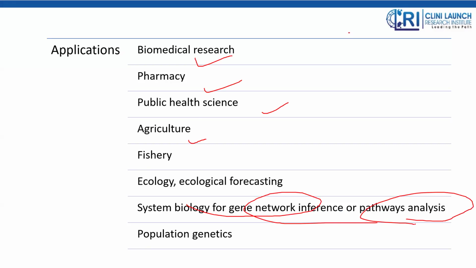What is pathways analysis? Like metabolic reactions, metabolomics, proteomics, gene network inference. What are the genetic parameters affected by a particular drug or disease? What are the changes in the different genetic markers? Which are the common genetic markers observed in all diabetes individuals? Statistically, they will try to find out. Statistics is used in everything, population genetics, like that.